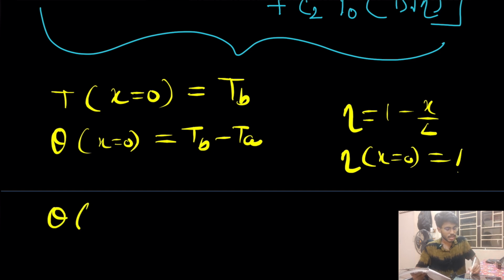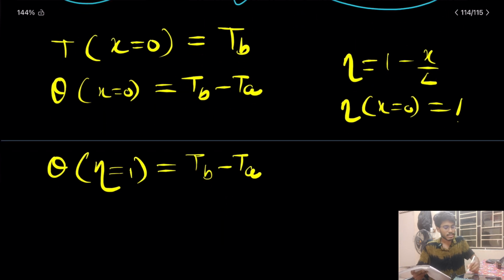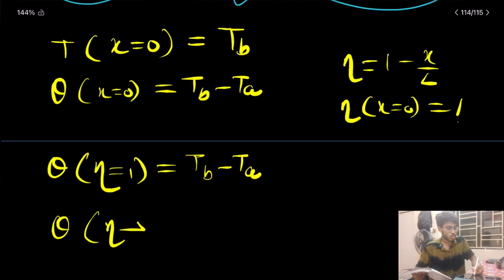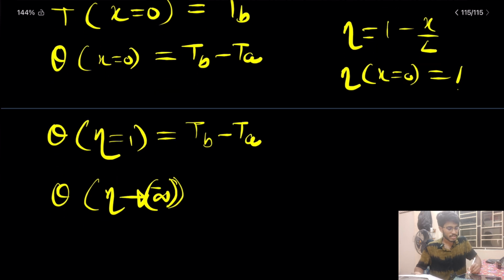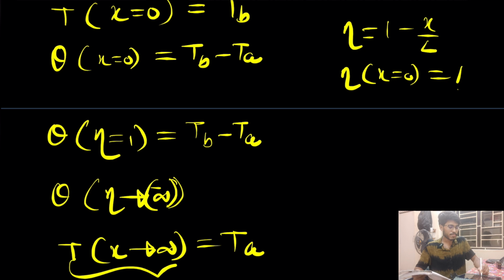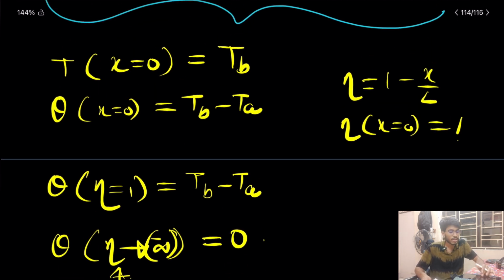That means my theta at eta equals 1 is Tb minus Ta. As x tends to infinity, my eta tends to minus infinity, and T at x tends to infinity is Ta. So this boundary condition gives theta as eta tends to minus infinity is equal to 0.